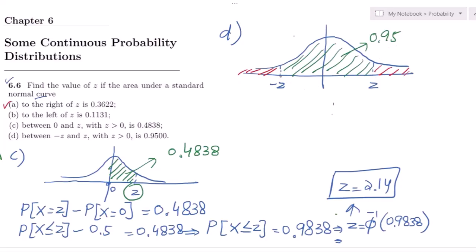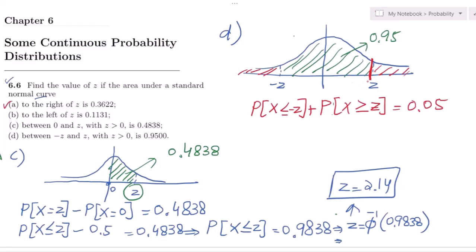So the probability that x is less than or equal to minus z plus the probability that x is greater than or equal to z is 0.05.